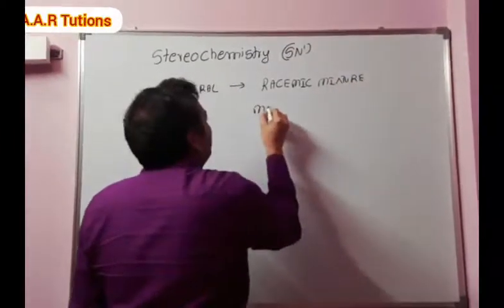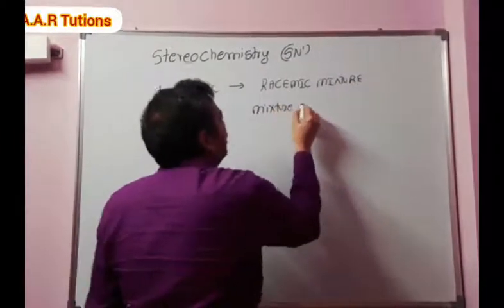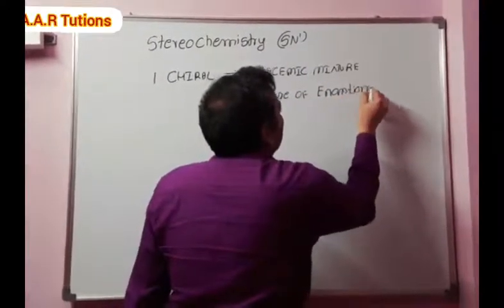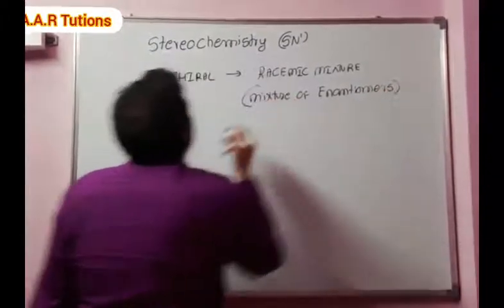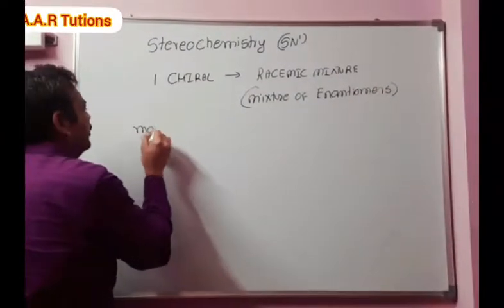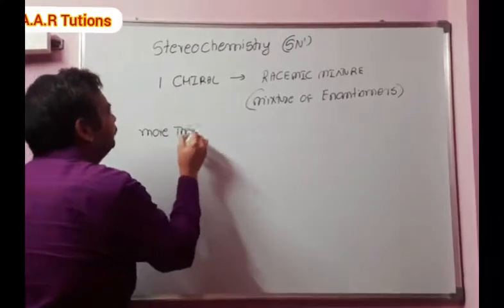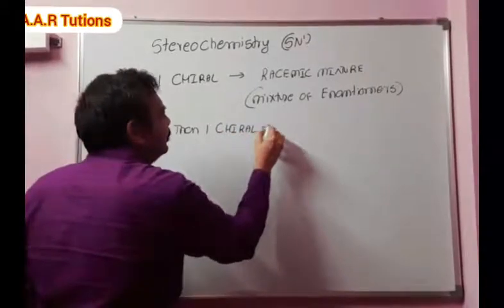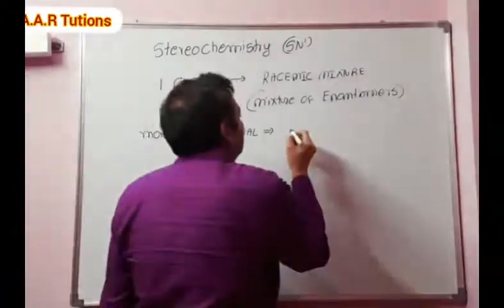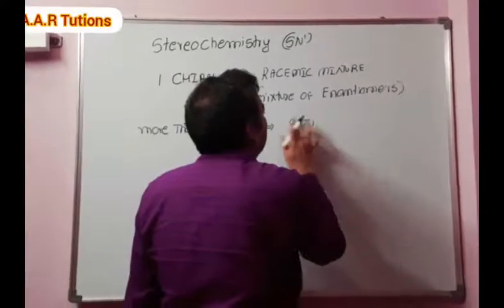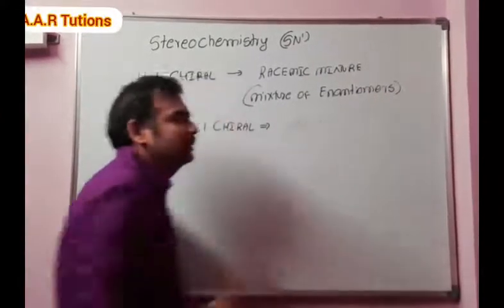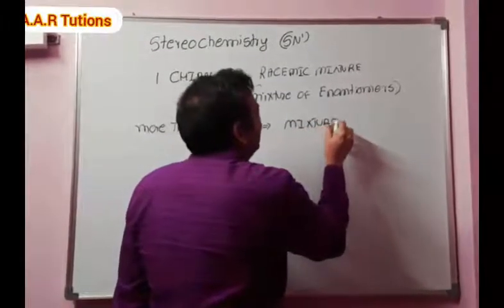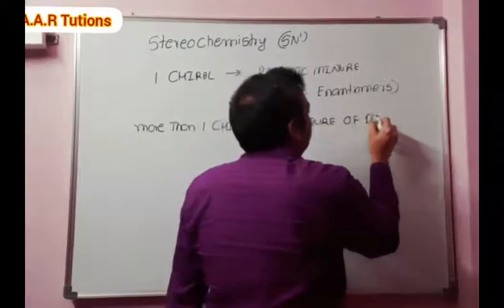If there is more than one chiral carbon, let us say two or three chiral carbons, then it is not a racemic mixture, it is a mixture of diastereomers.